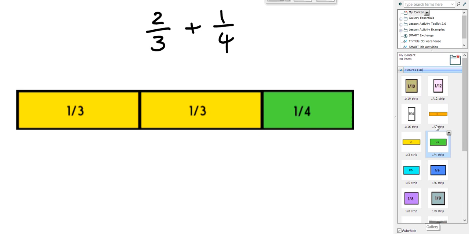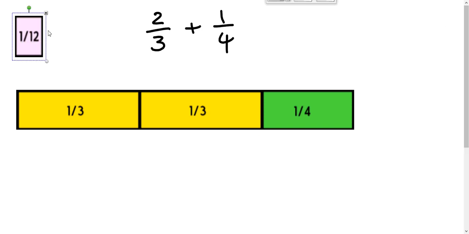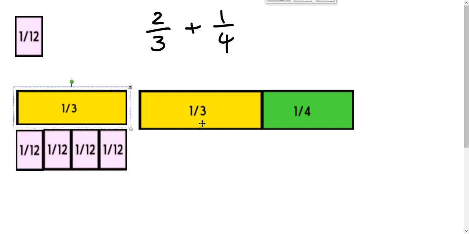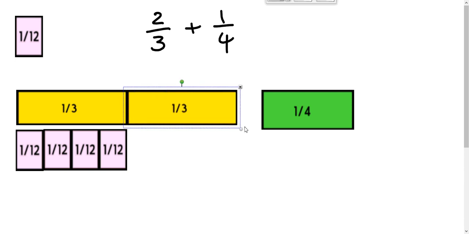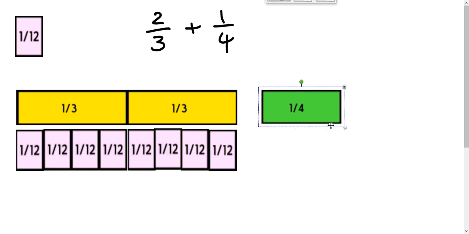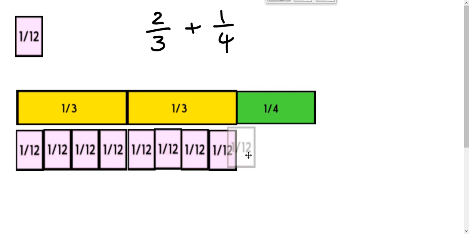But if we bring this in and we recognize that 4 of these is that 1/3, and another 4 of these is another 1/3, and let's see if I can screw this up sufficiently. 3 of these.